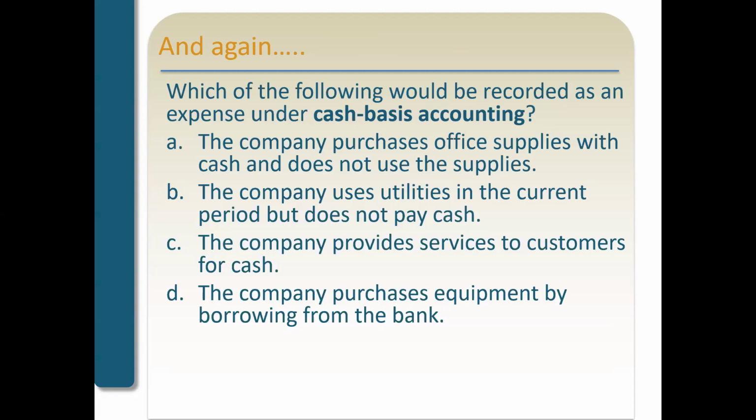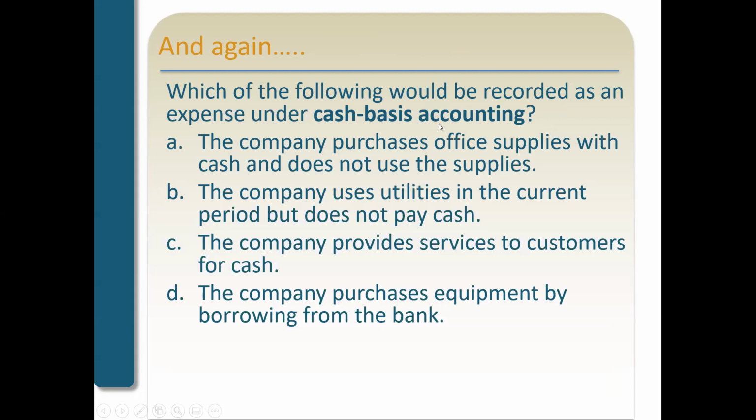How about this one? Which of the following would be recorded as an expense under the cash basis of accounting? This isn't the accrual basis. Cash basis. Okay, guys, we know it's not C and D again. C's revenue, D's an asset. Would it be A or B? Write it down.